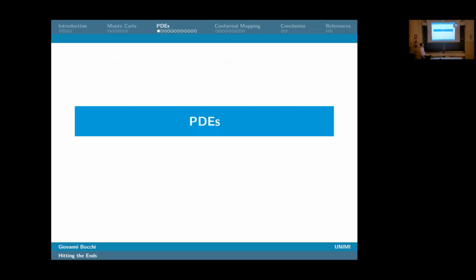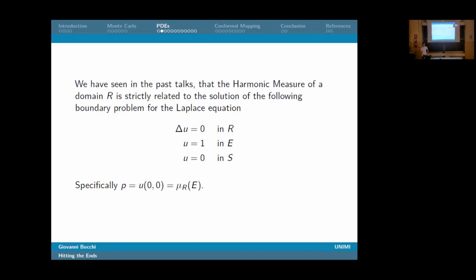So we need to change our point of view and use the PDE approach, like the previous speaker did in the last talk on this topic. We have seen that the harmonic measure of a domain is strictly related to the solution of the following boundary problem for the Laplace equation. The Laplacian should be 0 in the interior of R, and we should prescribe the values of the boundary in order to have u equal 1 in the ends and u equal 0 in the sides.